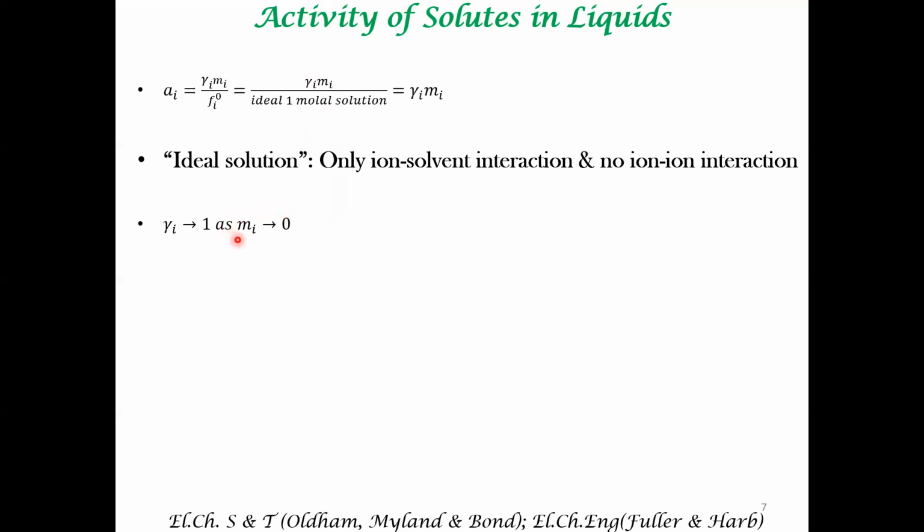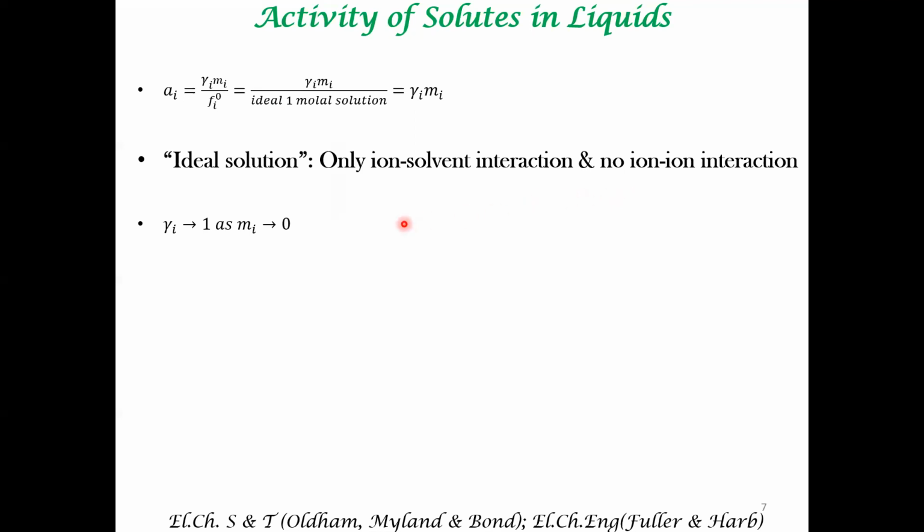When molality tends to 0, the concentration is very less. That means the ion-ion interaction is very less, because the average distance between each ion is large, and each ion doesn't sense the other ion.